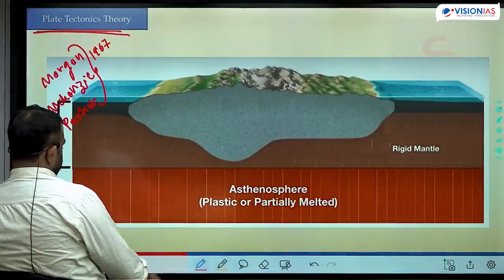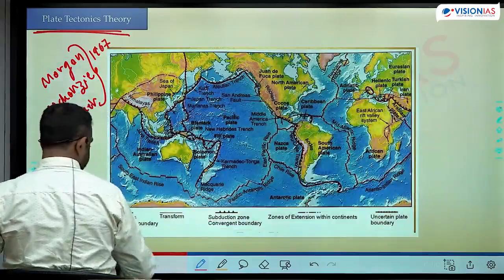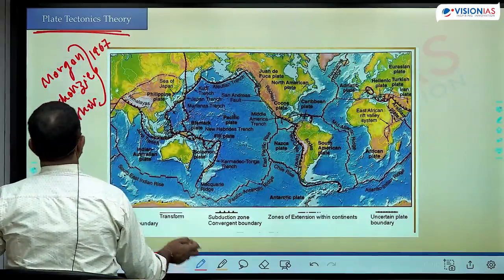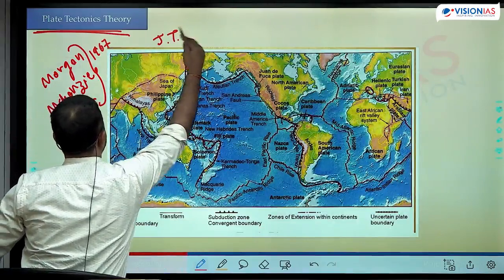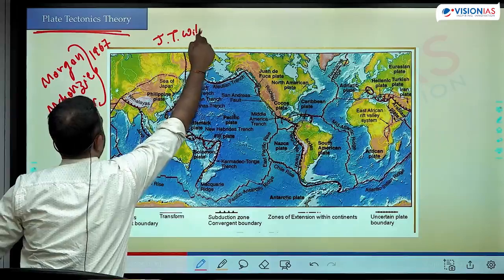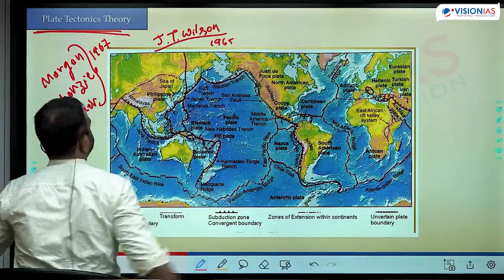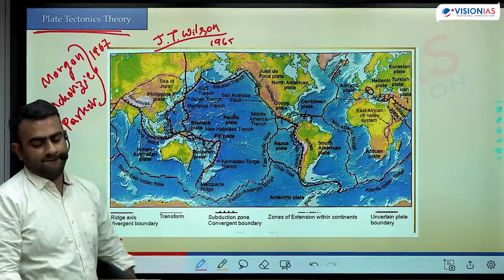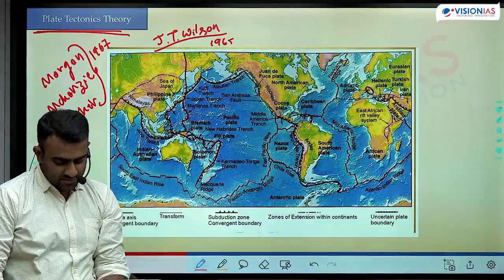The idea of plate was provided by, who gave this idea of plate? J.T. Wilson. J. Tuzo Wilson. In the year 1965. So don't get confused with T.J. Wilson. There was another Wilson called T.J. Wilson.